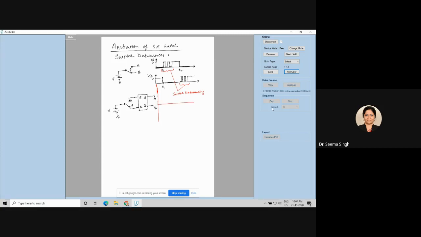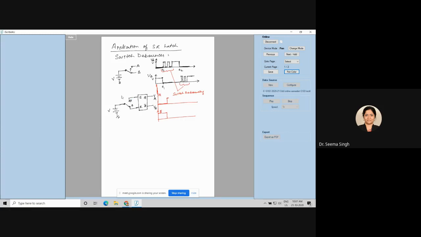What happens when you have the SR latch in between. So what happens at the moment when it is at Q side, and this I will call Q bar. So it is at 0, and it goes to 1 when the switch has gone from B to A, becomes set, and then the bouncing happens.